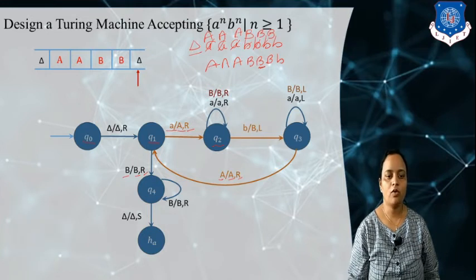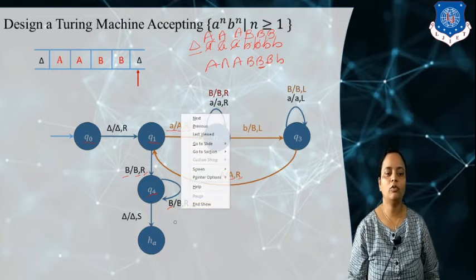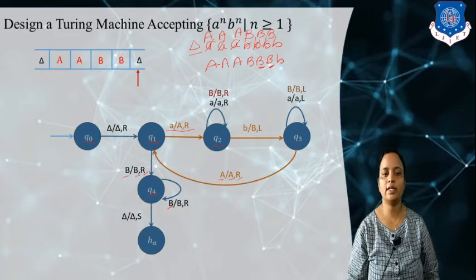Now we are at Q4 state. Now Q4 state says that if you get capital B, replace capital B by capital B and move to the right direction. Again this is my self loop, again it is repeated. If I get capital B, again this capital B is replaced by capital B, move to the right side.